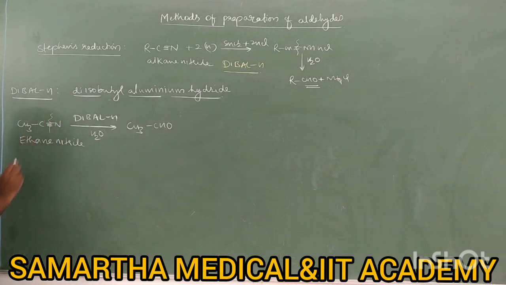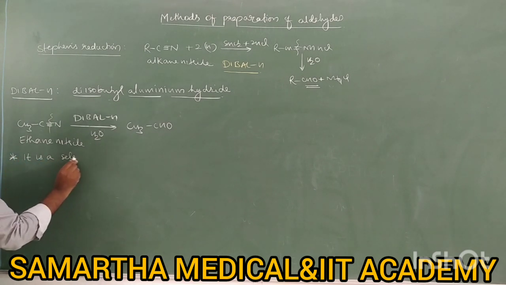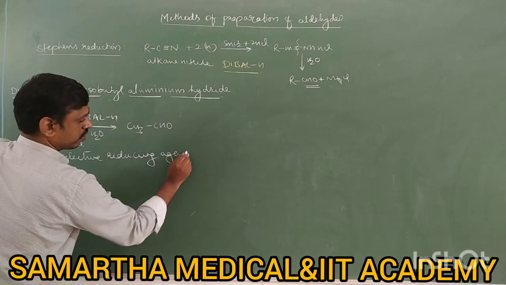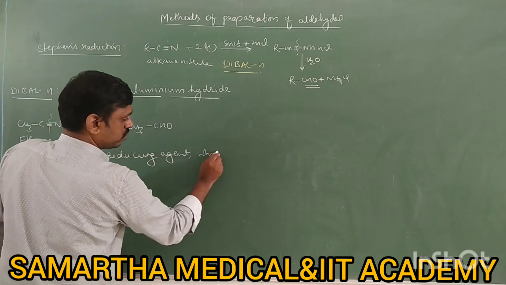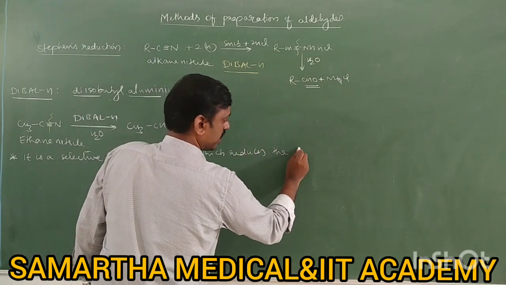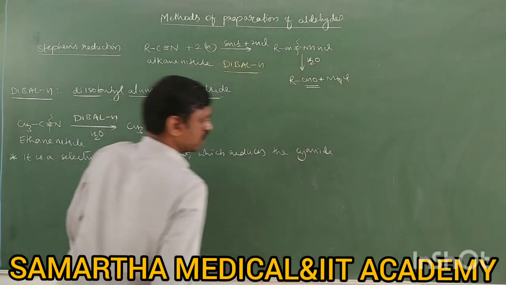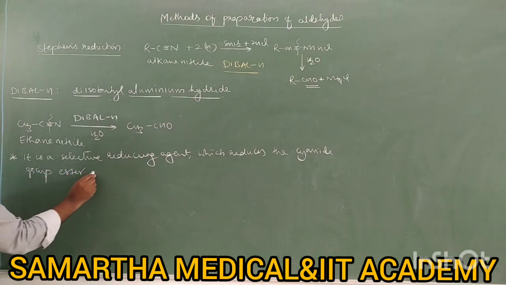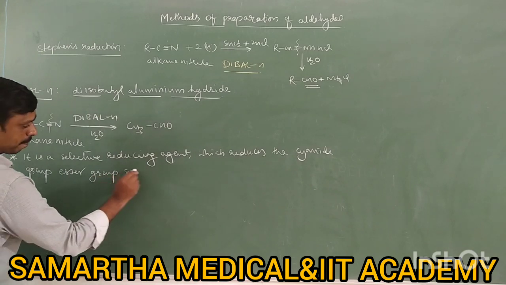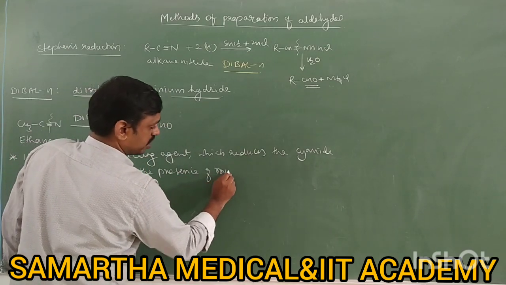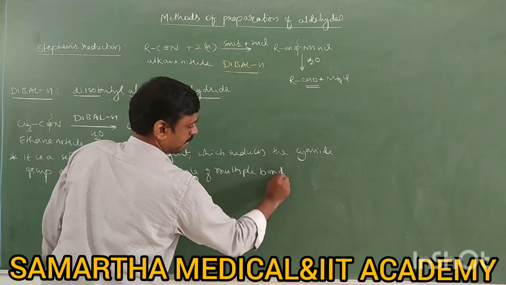Take important note, it is a selective reducing agent which reduces the cyanide group, and even the ester group, in the presence of double bonds or multiple bonds.